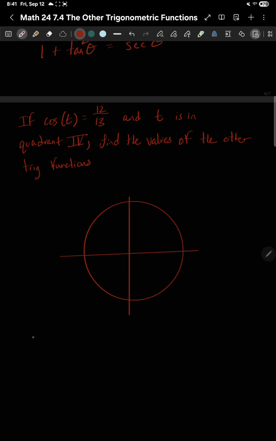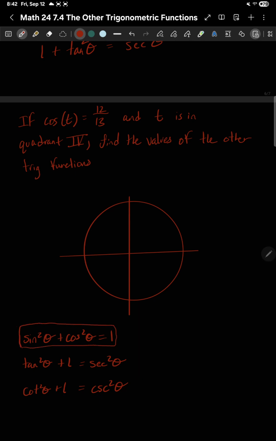The three are: sine squared theta plus cosine squared theta equals 1; tangent squared theta plus 1 equals secant squared theta; and cotangent squared theta plus 1 equals cosecant squared theta. Since they give us the value of cosine, the only identity that has cosine is the first one, so that is the one we're going to use.